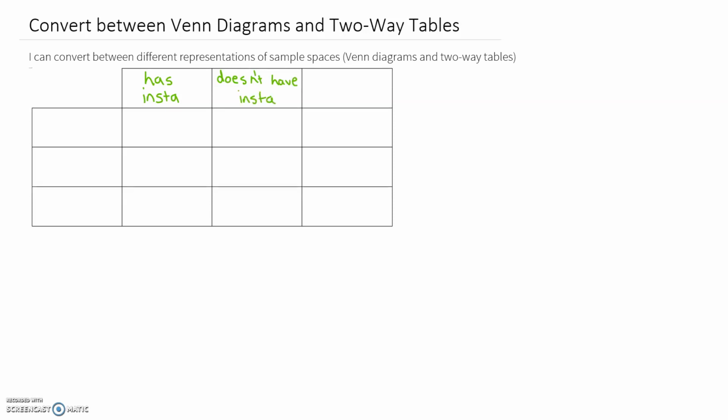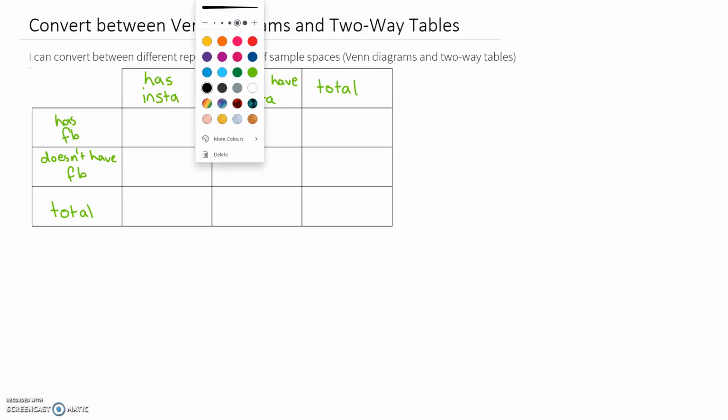And then on this side, we're going to have has Facebook and doesn't have Facebook. And of course, these parts down the bottom are our totals. Sometimes I don't bother writing the total, you don't have to, but it does make it a bit clearer for the person reading it to understand what's going on.